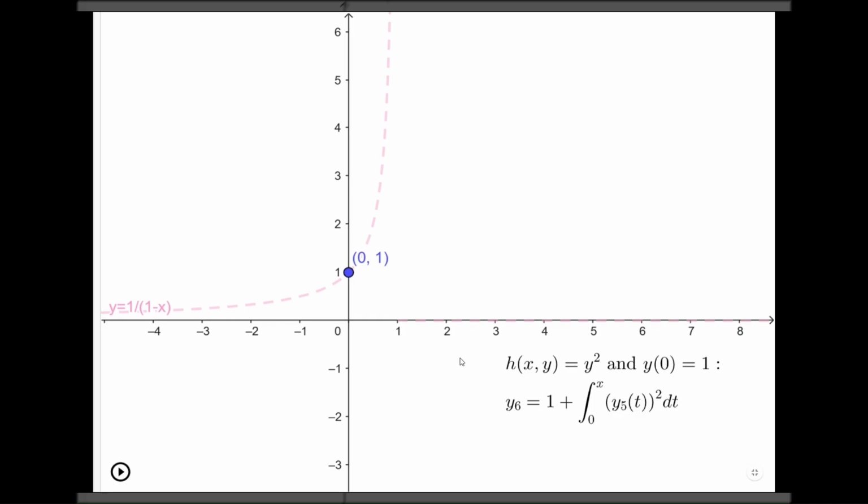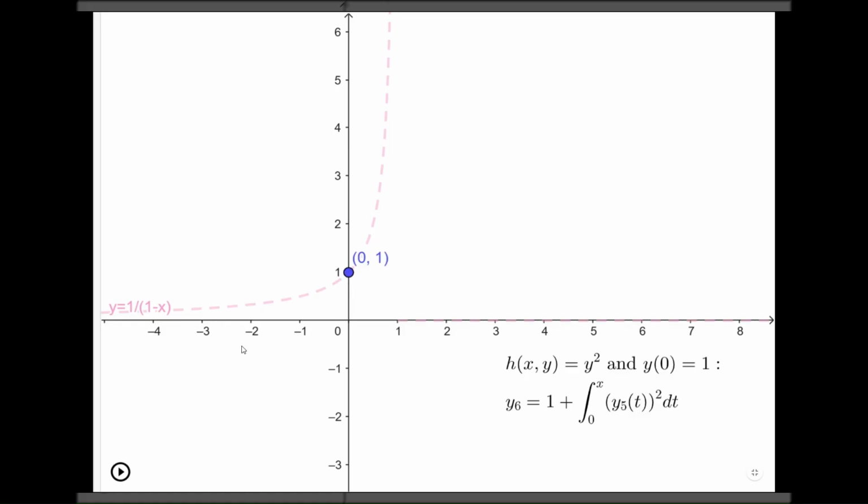Again, for this ODE, with that initial value, the solution is going to be y equal to 1 over quantity 1 minus x, and the solution goes through 0 and 1. And there is a unique solution, actually, for that initial value.